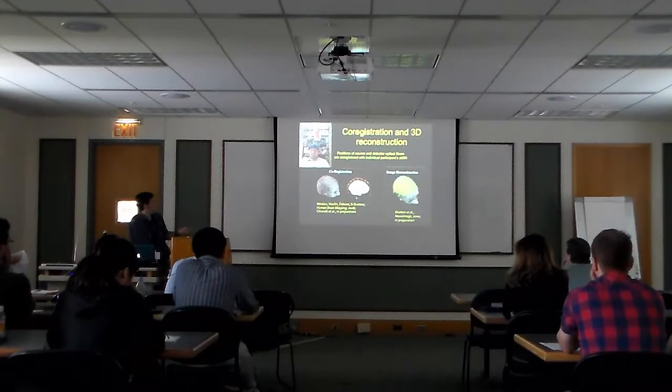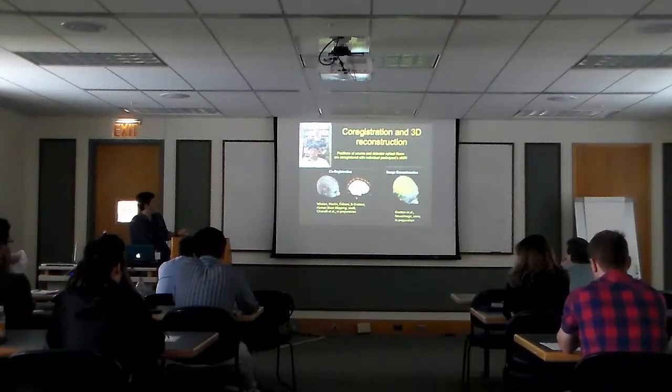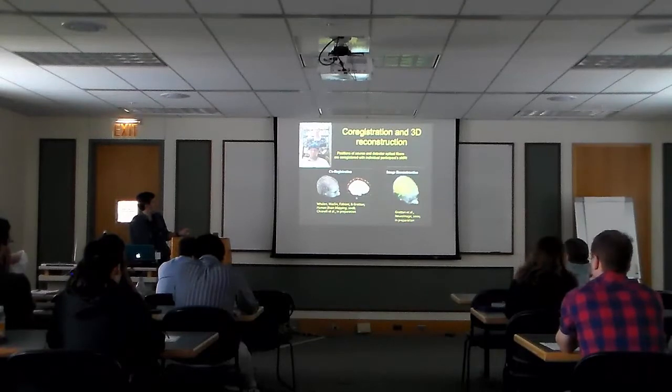In this case, we use an MR image to represent the anatomy of the head of a particular person. And this MR image can be considered in terms of the whole head, or in terms of only the brain that is inside the head.